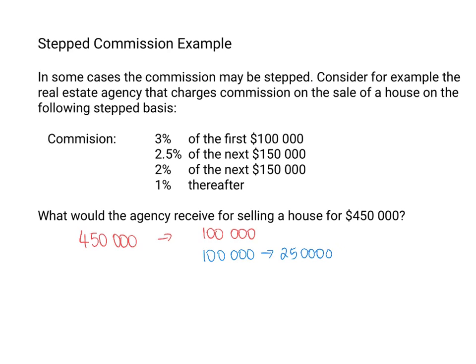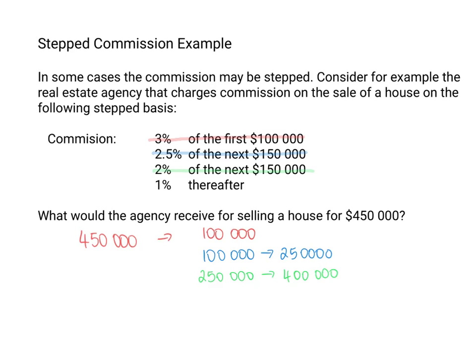Oops, an extra zero there. Then the next $150,000, we need to work out, does it actually fit? Yes, it does. So then we'll have $250,000 all the way to $400,000. Now the last bit: if I go back and highlight, that's the first section, the second section, the third section.